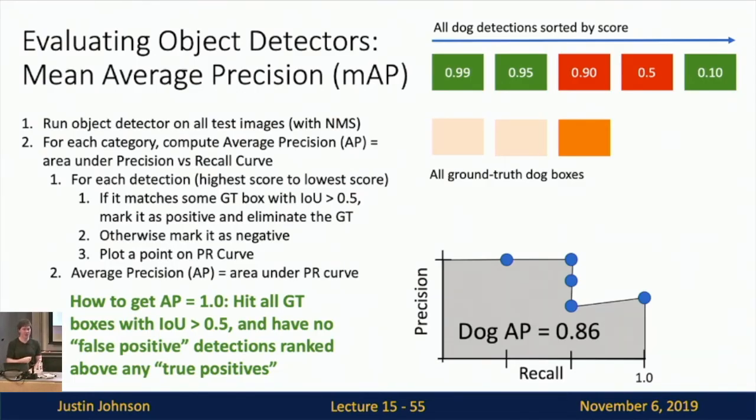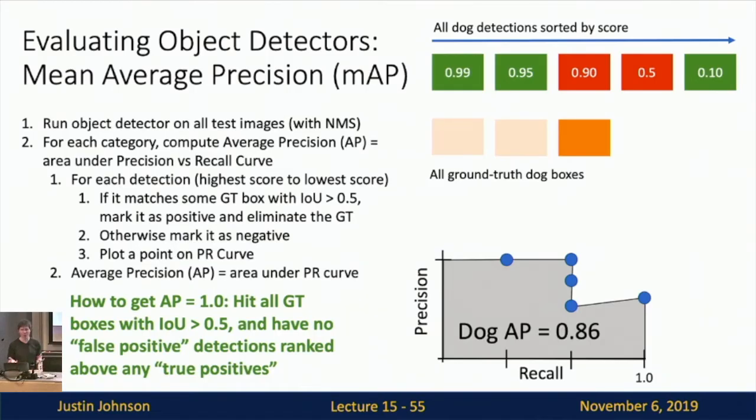So the only way we can get AP 1.0 is if all of the top output detections from our model were true positives, we did not have any duplicate detections, and we did not have any false positives. And they all match some ground truth region with at least IOU 0.5. This is going to be very, very hard to get, and in practice, you'll never get object detectors that actually get AP 1.0.